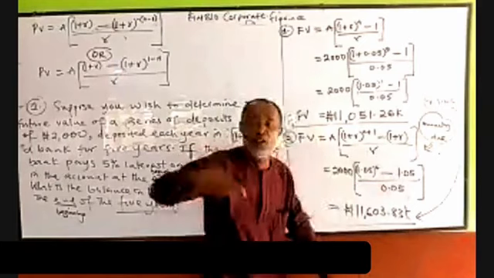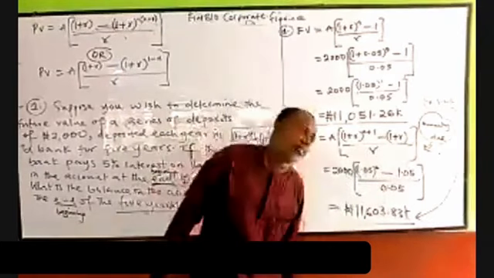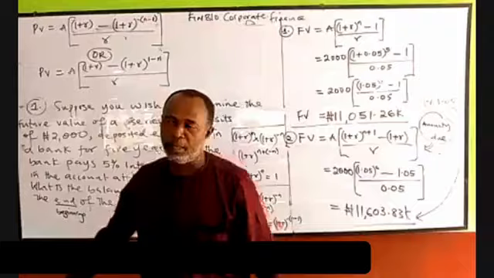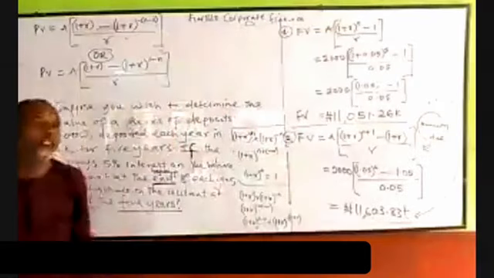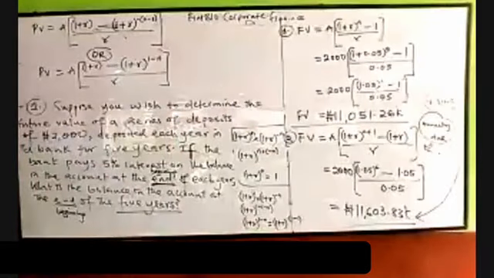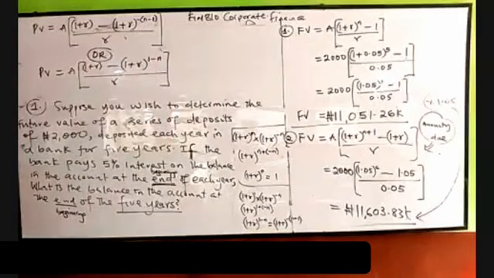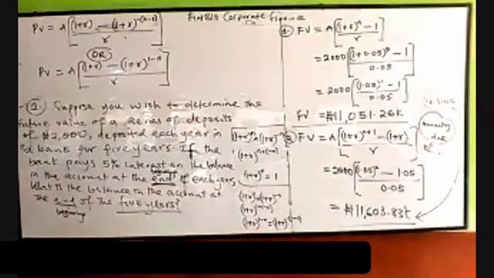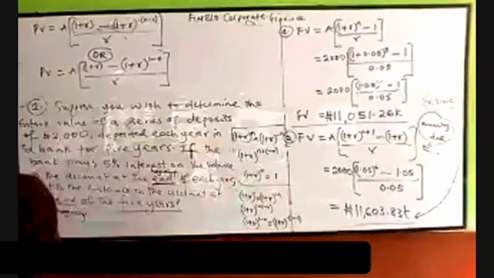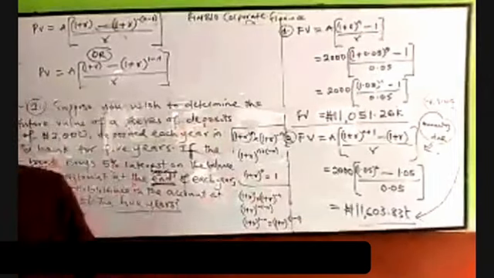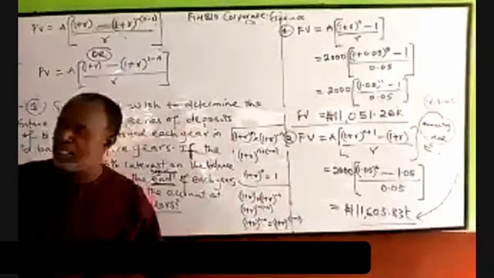If you have found annuity due, you divide by 1 plus r, sometimes called discount. To move from end to beginning, we multiply. To move from beginning to end, we divide by 1 plus r.